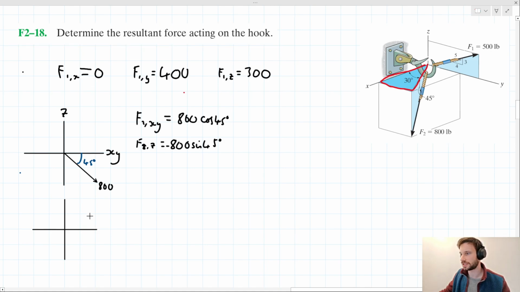So it might look something like this. We've got 30 degrees here. And this arrow here is effectively equivalent to this line here, which we've determined earlier to be the xy component, or 800 cos 45. So let me just add that to the diagram here.